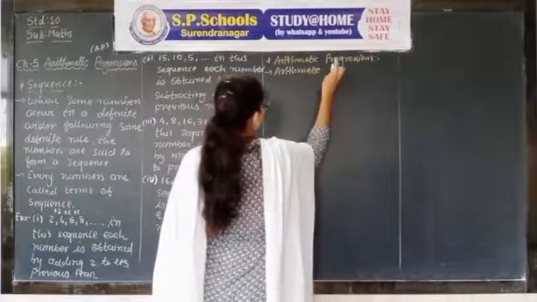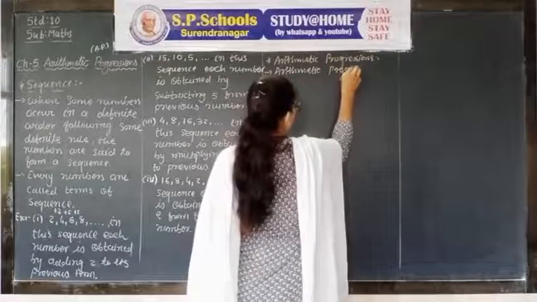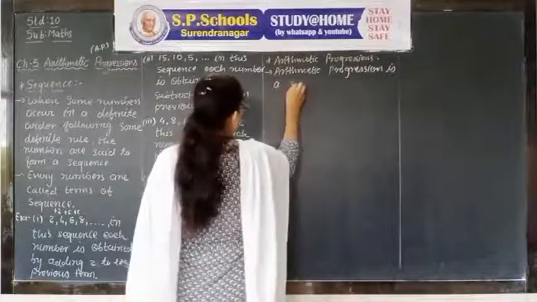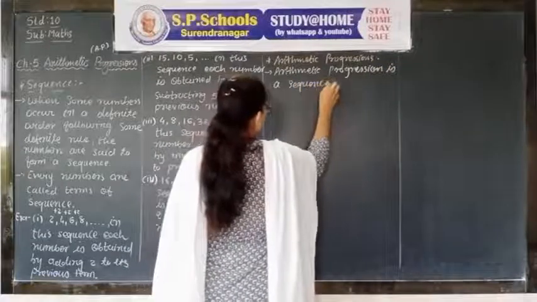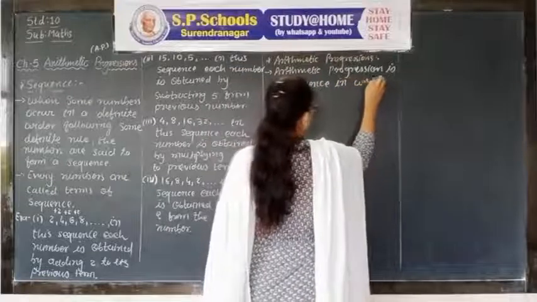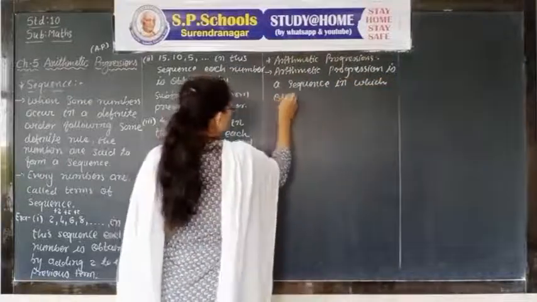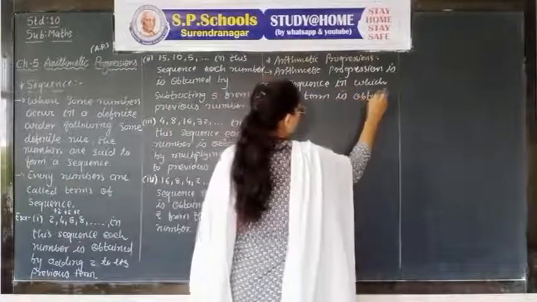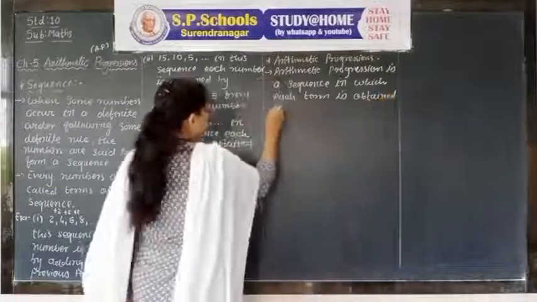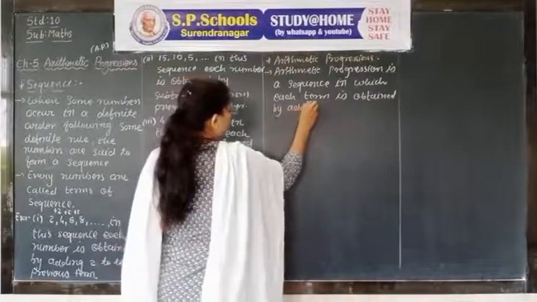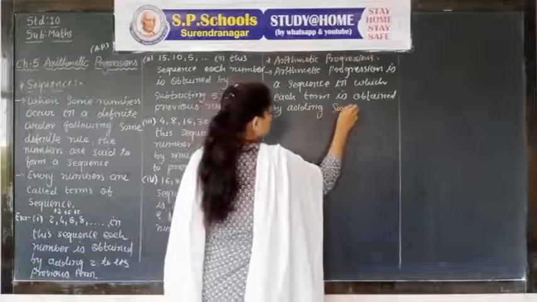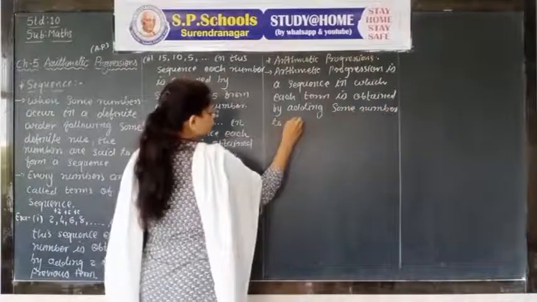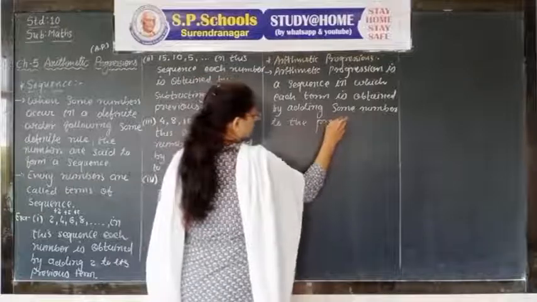Arithmetic progression is a sequence in which each term is obtained by adding some number to the previous term.